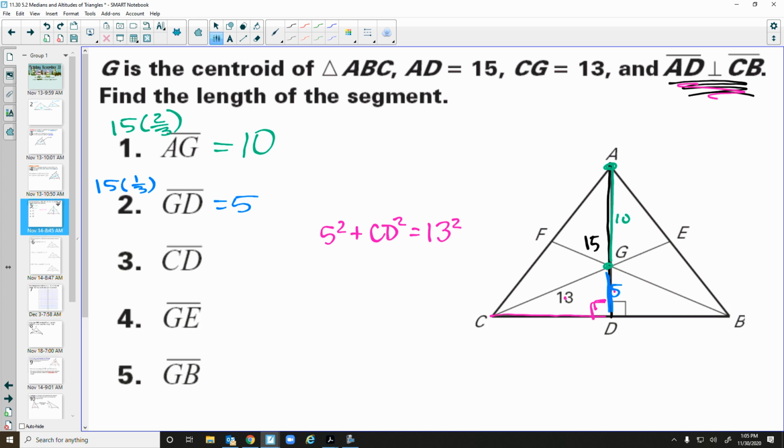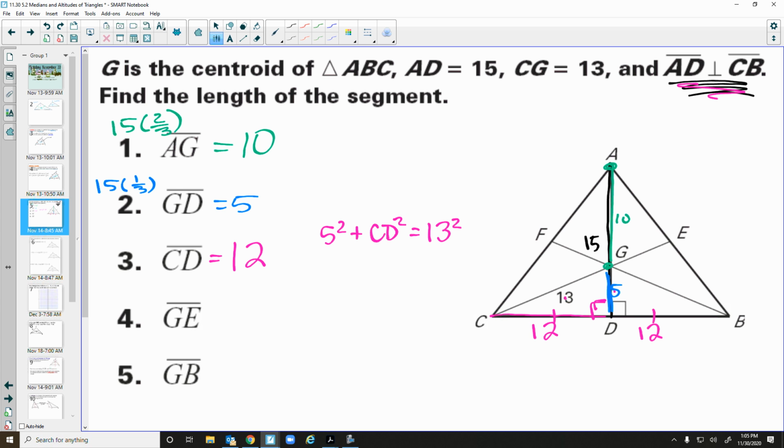Wait, how do you know which one's A, which one's B? A and B doesn't matter. C is always your hypotenuse. That answers 12. And then since that is a median, that means since this is 12, this side is also 12.